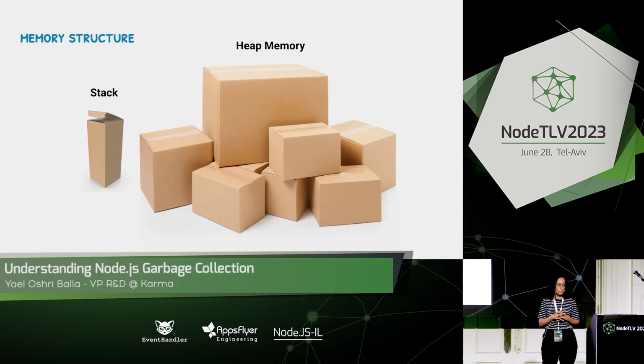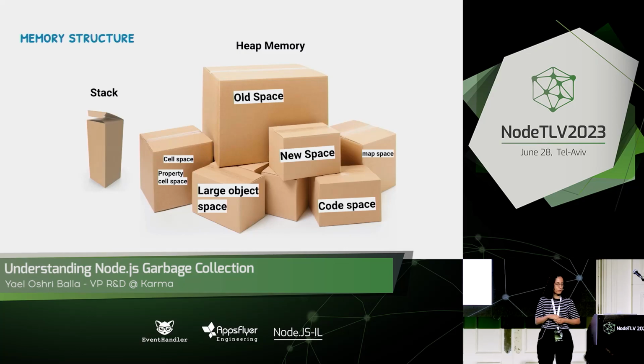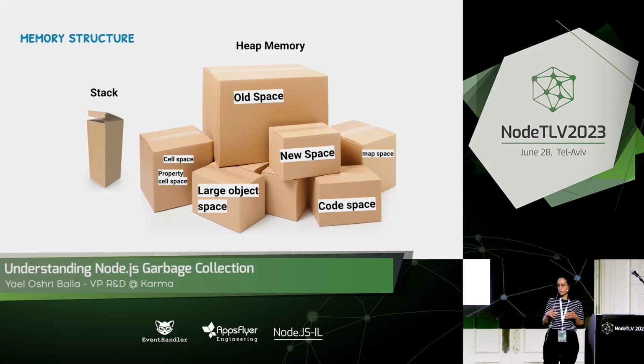And this is also where we store the pointers to the objects that we dynamically allocate on the heap. In V8, on the heap, there are different spaces. Each space is composed of pages. A page is a continuous chunk of memory that is allocated by the operating system. And we'll drill down into the different spaces later, and what is stored in them.